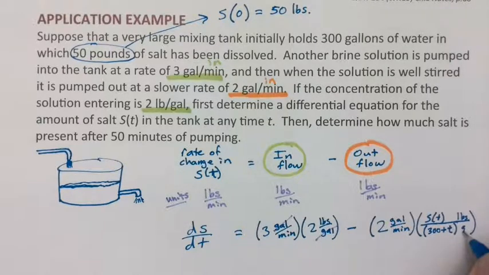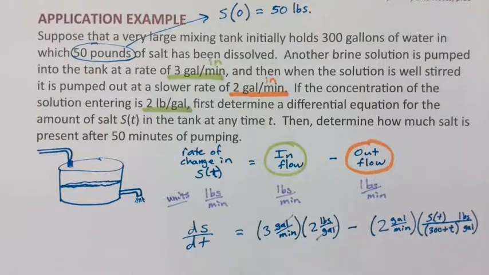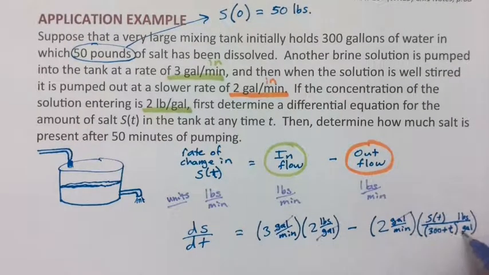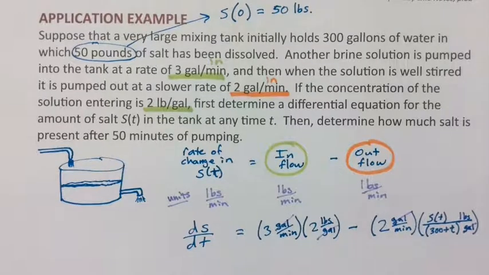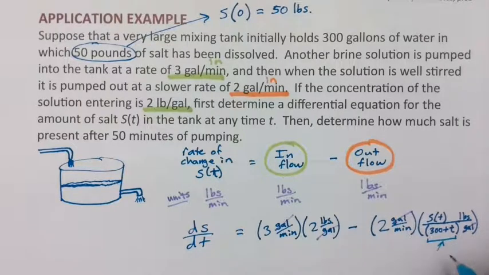And that's gallons. And if we did this right, then the units, gallons up here and gallons down there, are going to cancel and we're left with pounds per minute. All of them have pounds per minute. I'm going to make a little note that this 300 plus t is the amount of water that's in the tank.